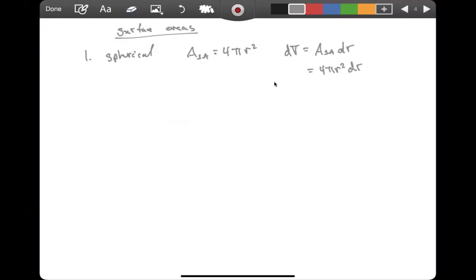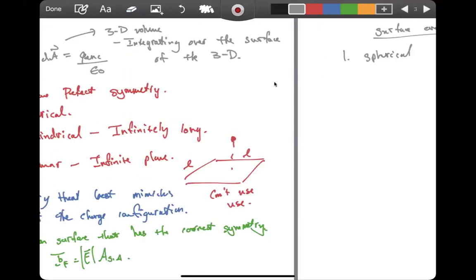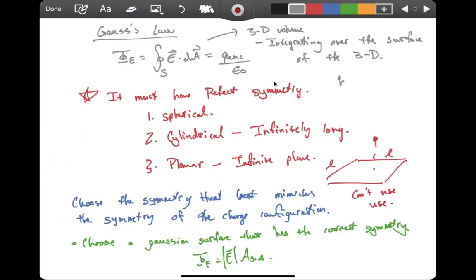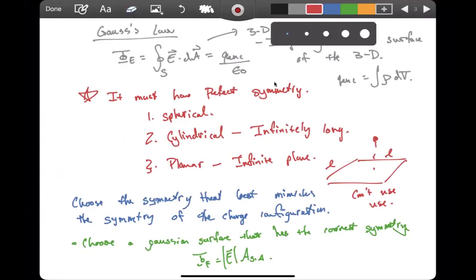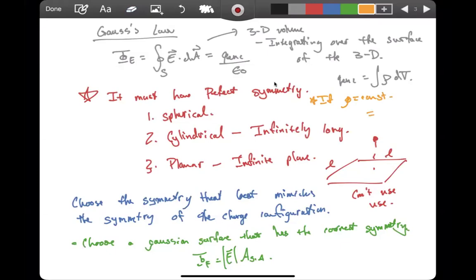And this will be necessary because in general, let's go back a slide, Q enclosed in general will be equal to the integral of the charge distribution, or the volume charge density, integrated over the volume. This is true in general, but if rho is equal to a constant, then this thing just reduces down to the charge density times the volume enclosed.